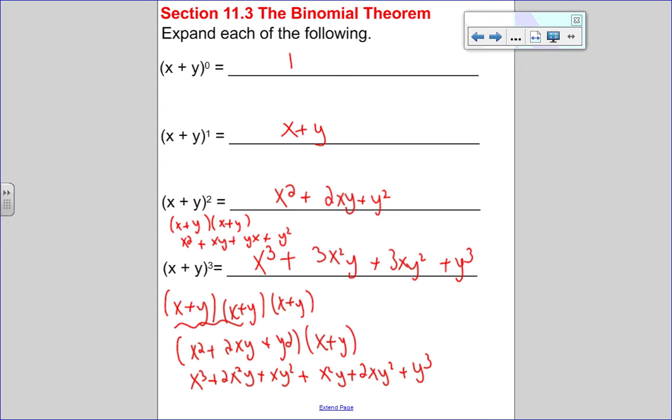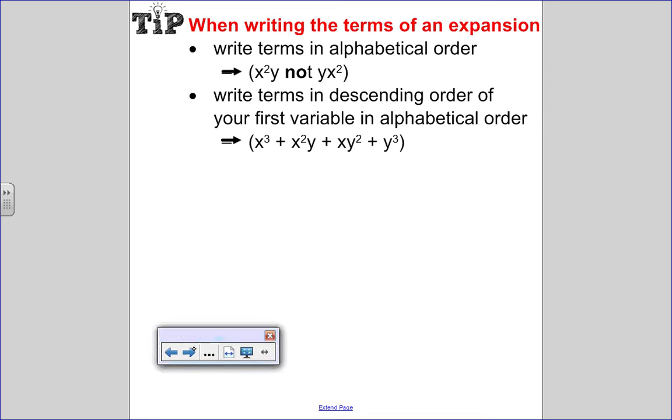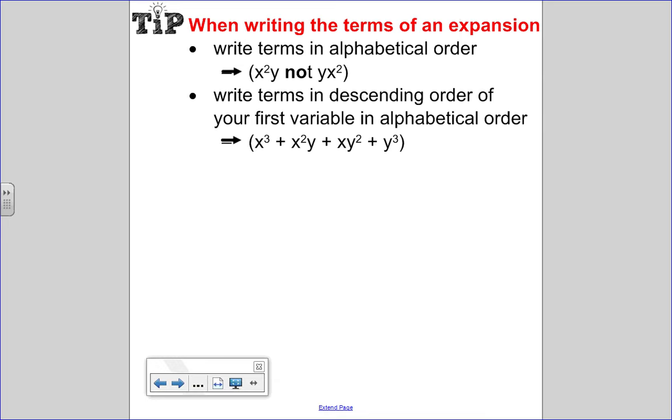Just a little tip here: when we're writing the terms of an expression, I always want you to write them in alphabetical order. So notice I wrote it as x squared y, not yx squared. And when you're writing them in alphabetical order, you're also writing them in descending order of your first variable.